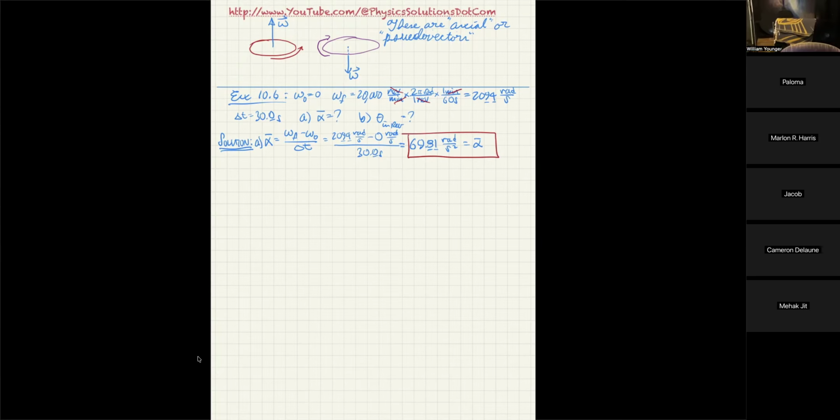Well, we can use an equation. For instance, if we were given the omega final and the omega initial and the delta t, that gave us a way to calculate alpha. Similarly, if we had V final and V initial and time, we could calculate A average. And then if they told us that A average was a constant, or that we could assume it was a constant, then any of our kinematic equations for constant acceleration would work. So for instance, we could use V squared equals V0 squared plus 2A times (X minus X0).